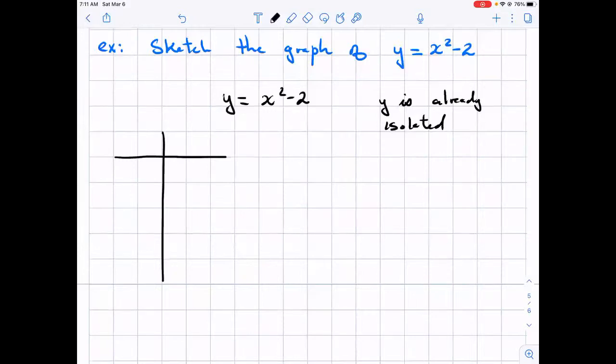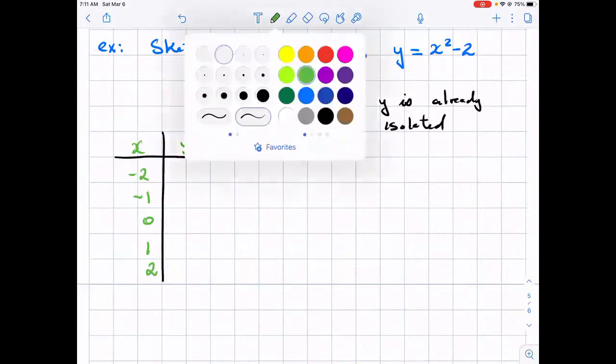If we construct a table of values with x and y, for x values I can choose minus 2, minus 1, 0, 1, and 2. And we'll do the same procedure as we did before. We have to find those missing y values.